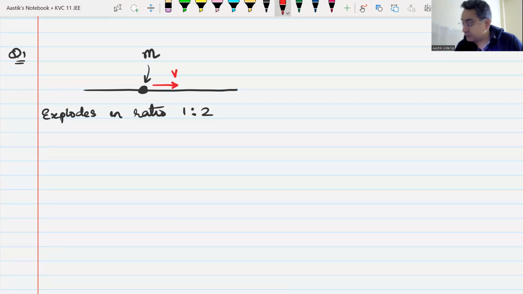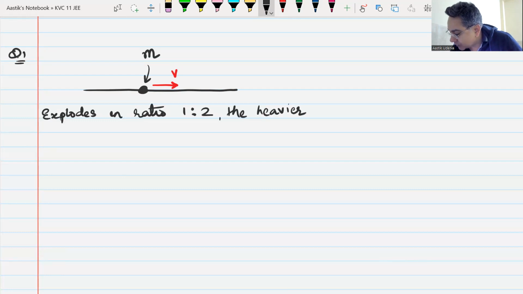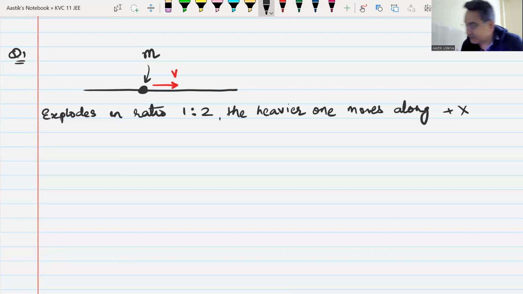The heavier one moves along plus x-axis with a velocity v.